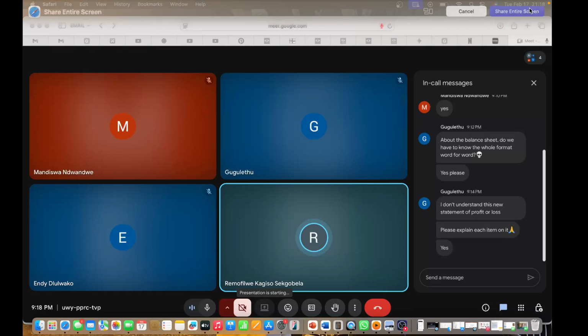Then after that, we have distribution, administrative, and other expenses, which is this part. Here, guys, is where we're going to write our calculations for all types of expenses we may have as a business.